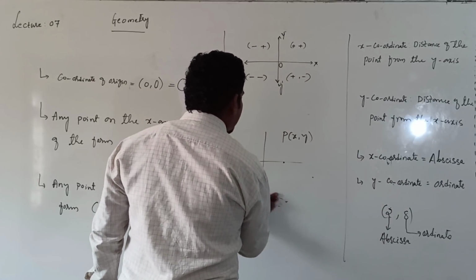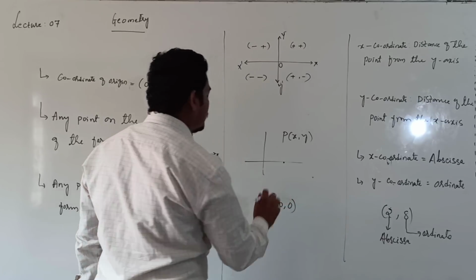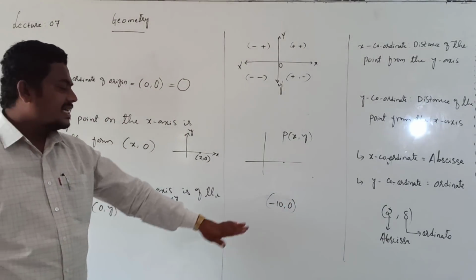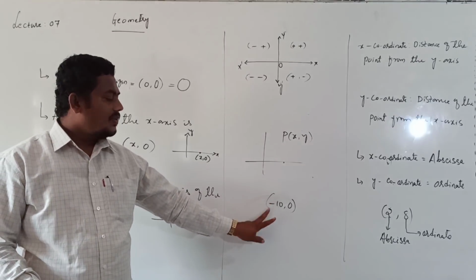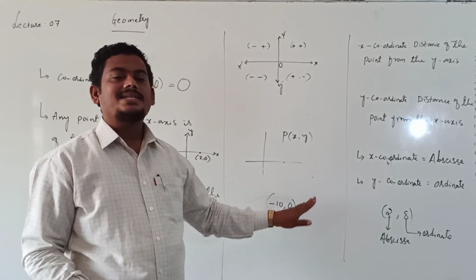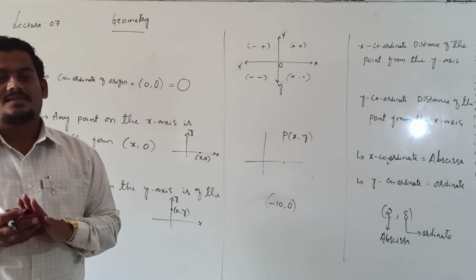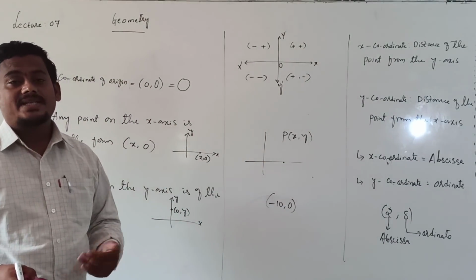2 comma 0, or else minus 10 comma 0. On which axis does this point lie? Clearly y coordinate 0 means it is on the x-axis. In that, x coordinate negative means it is on the negative x-axis.